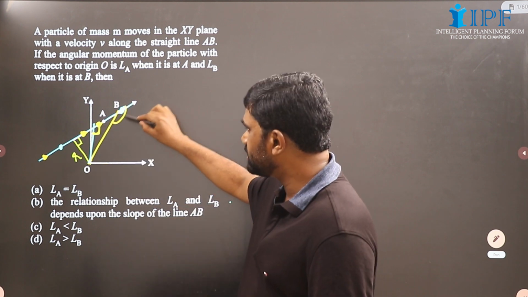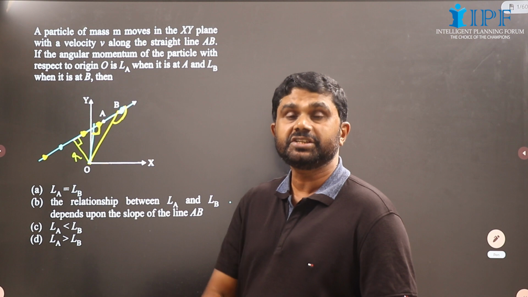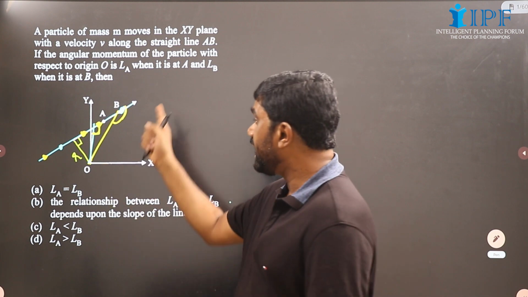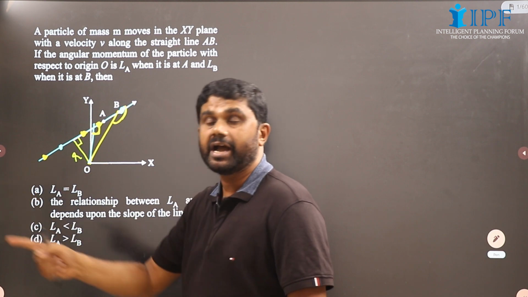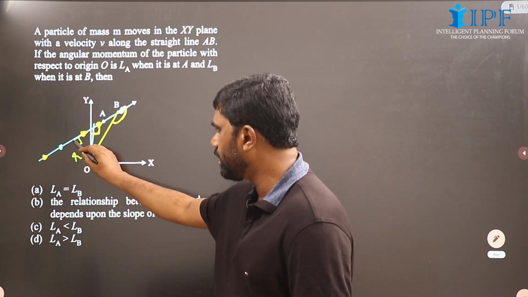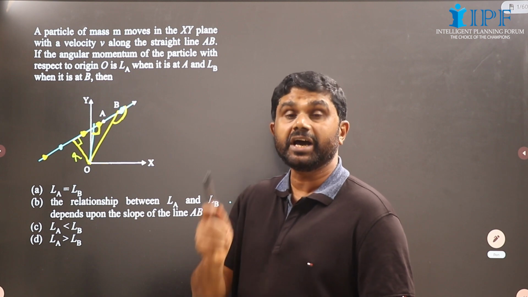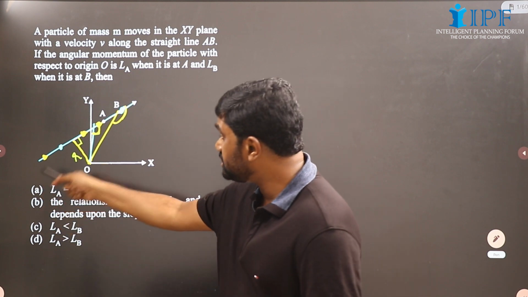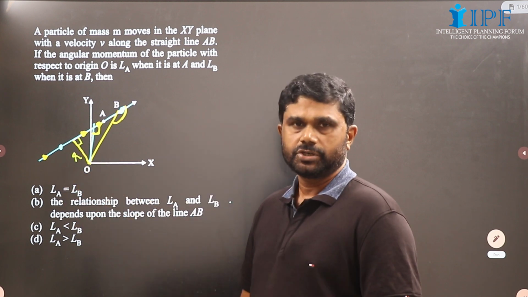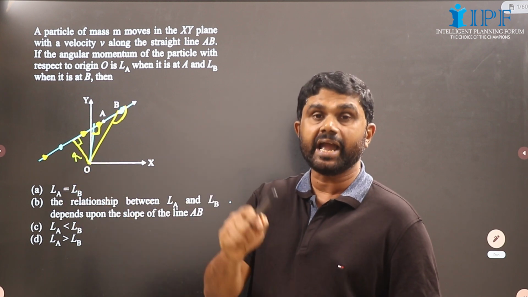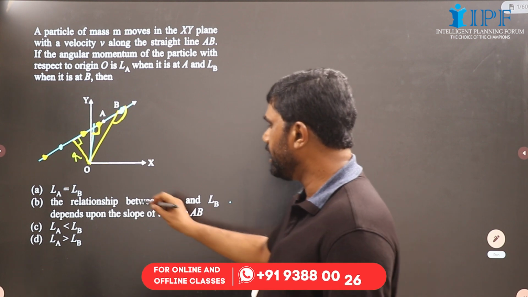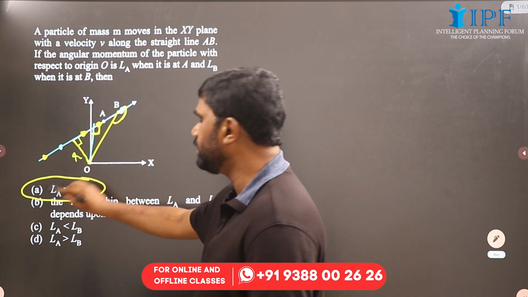This line also does not meet at 90 degrees. There is only one line from the axis that meets this line at 90 degrees, as shown here. So wherever the particle is on this straight line, the lever arm is this same smaller length. So the angular momentum L_A and angular momentum L_B must be equal. Okay, so L_A must be equal to L_B.